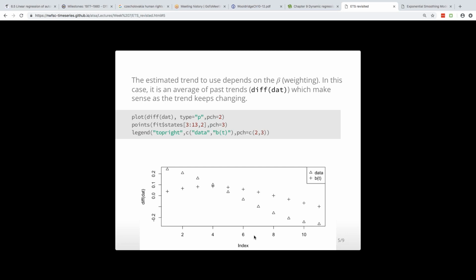And the exponential smoothing model, its estimated trend, is saying this is the best one we should use. It shouldn't be quite so negative, a little bit less negative. And up here near the beginning, it shouldn't be quite so positive. It should be a little bit less positive. That's because that's how the trend is changing in the data.